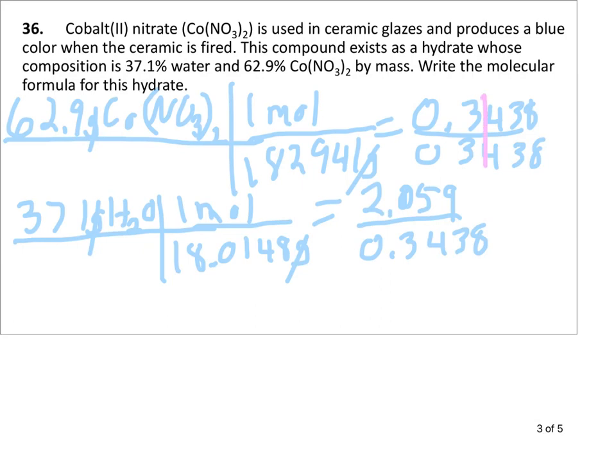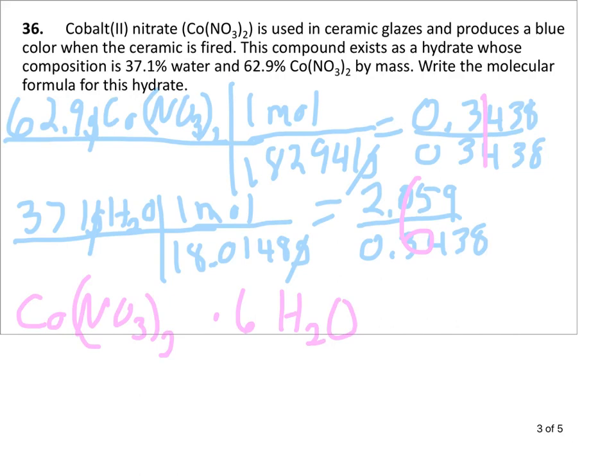That's what we should always get there. And dividing the other one, we get 6. So that would be 1 of the cobalt nitrate dot 6H2O.